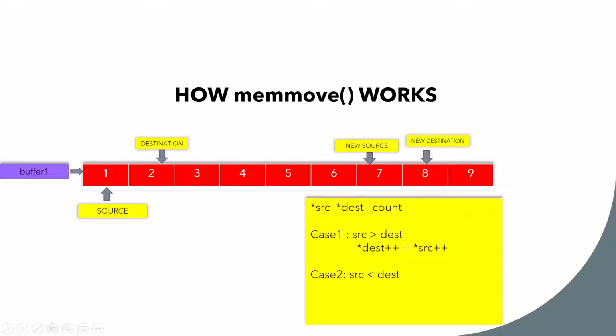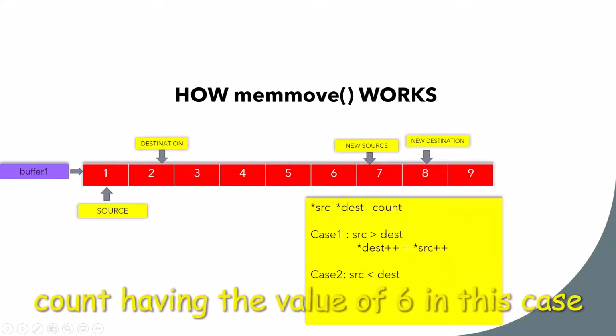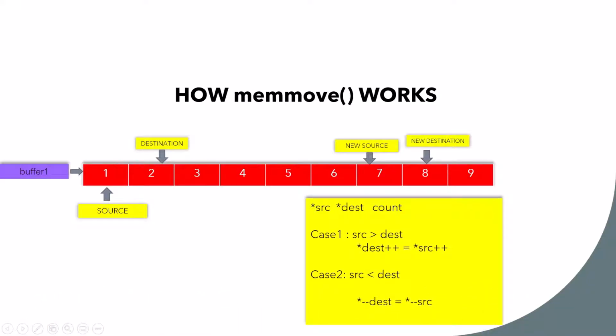How? By adding the value of count to both source and destination, and then it uses this instruction. So it does a reverse copy, right? That's how memmove works. And therefore, you may say that memmove is a little slower than memcpy, but as I mentioned, if there is ever any chance of overlapping, it's important to use memmove and memmove alone.